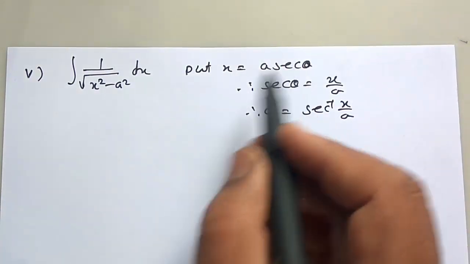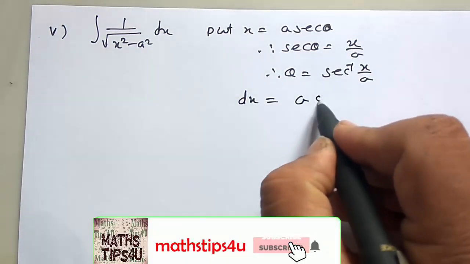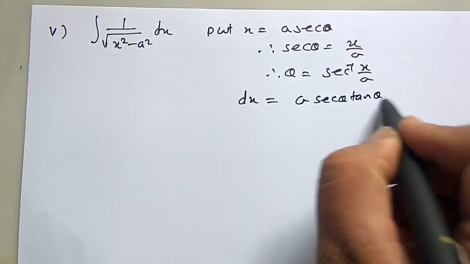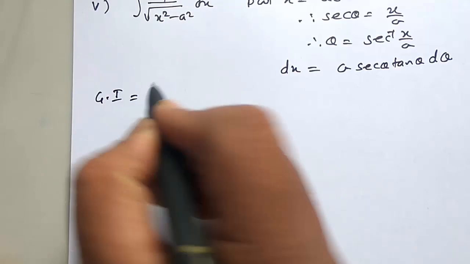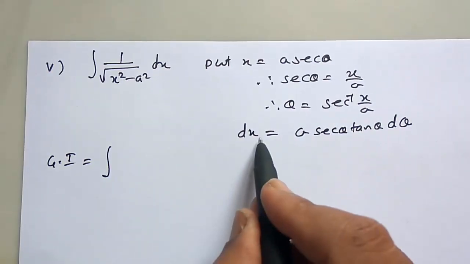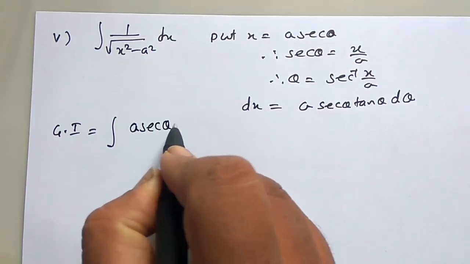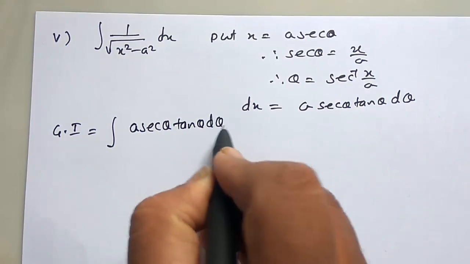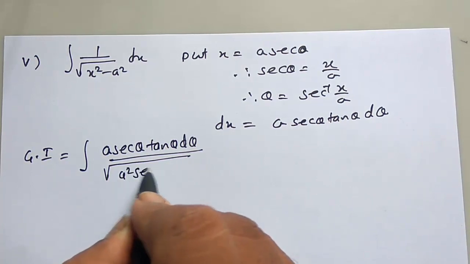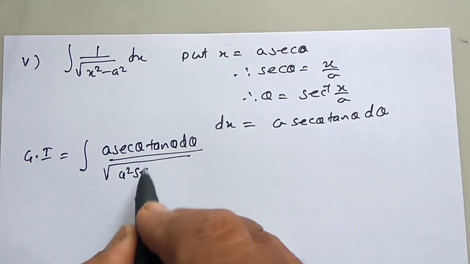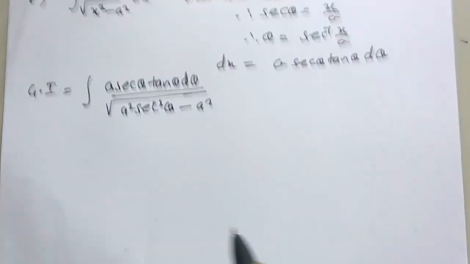Differentiating x with respect to theta, we get dx is equal to a sec theta tan theta d theta, and therefore the given integration is equal to integration of a sec theta tan theta d theta upon under root of x square minus a square, where x is replaced by a sec theta, so it is a square sec square theta minus a square.